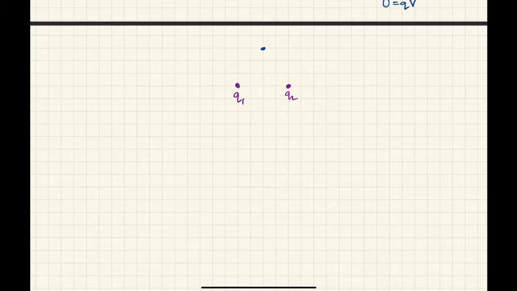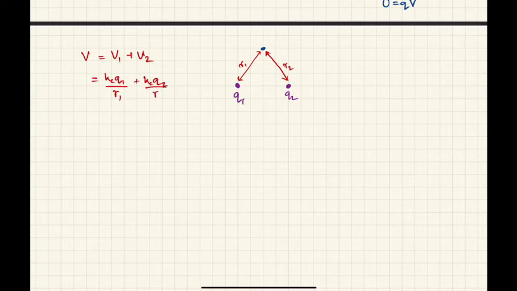So if I want to know what the potential is at this particular point, then I need to know the distance r1 from this point, the distance r2 from this point, and then the total potential is given by the sum of each potential, so V1 plus V2, right? But V1 is simply Kc Q1 by r1 and V2 is Kc Q2 by r2. Okay, so I have this two particle system and I know the potential.